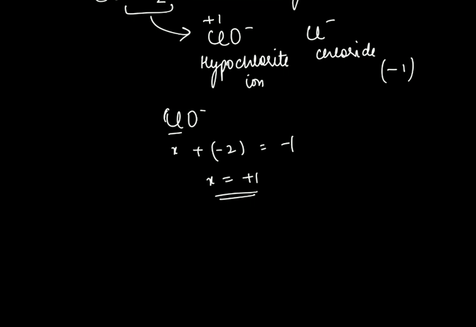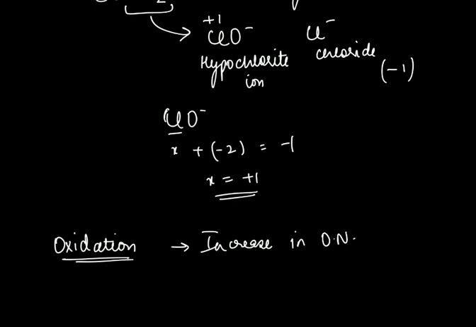In the last, I want to take up oxidation. We can define oxidation in a different way now. In a separate video, we'll be discussing how to balance chemical reactions based on oxidation number. So an increase in oxidation number from reactant to product side is oxidation, and reduction is a decrease in oxidation number.